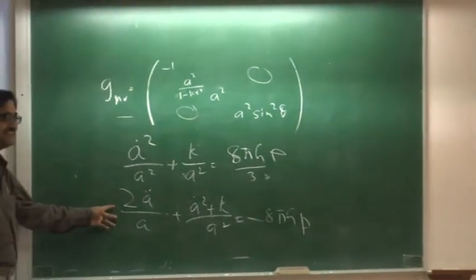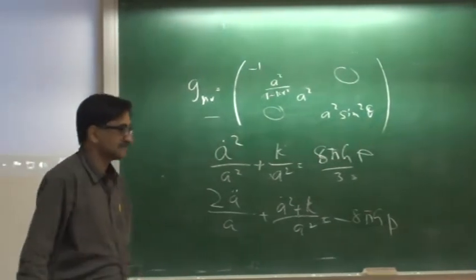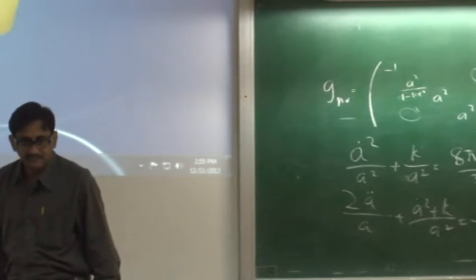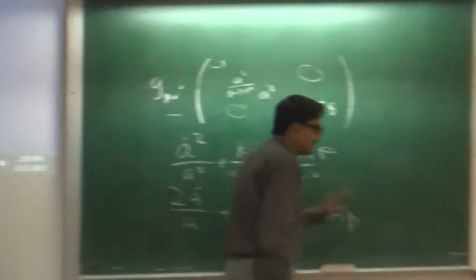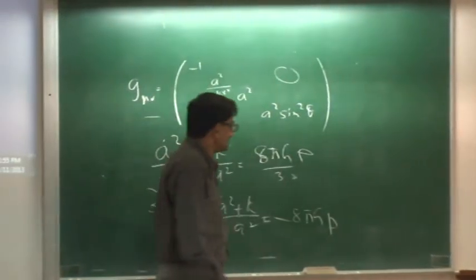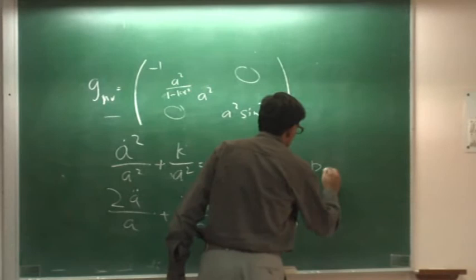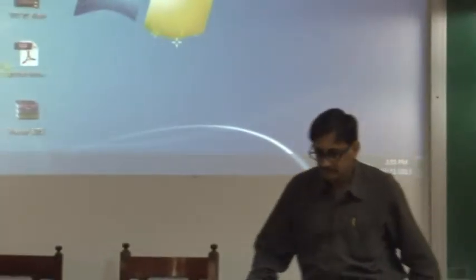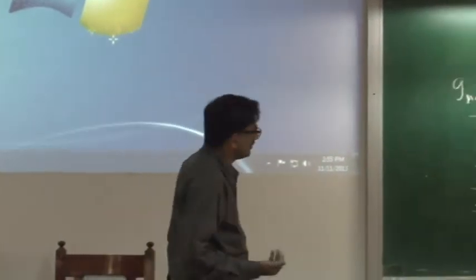Actually, these are 3 equations, but all 3 are repeated because all 3 directions are the same. This has to be supplemented by a relationship between rho and p, which is called the equation of state. So I have to have p as a function of rho.